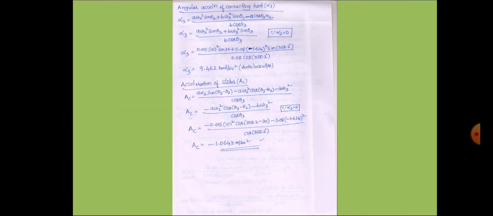So please remember, first question, write the loop closure equation. First one for inline slider crank mechanism, second for offset slider crank mechanism, third for 4-bar mechanism. This is one theory.